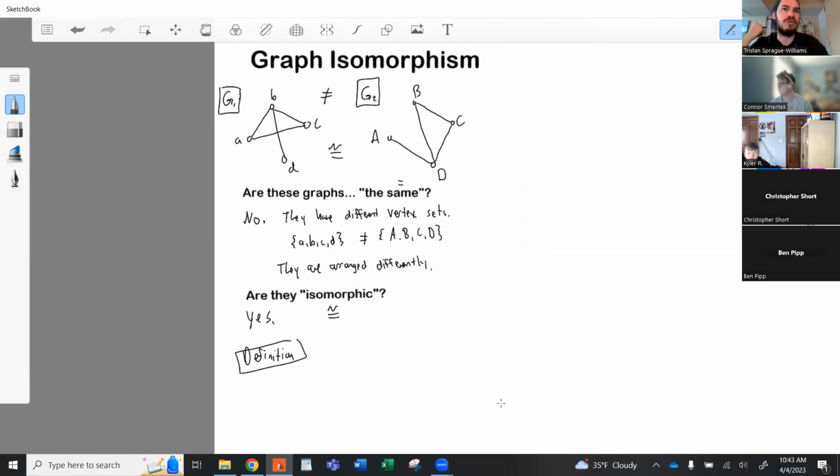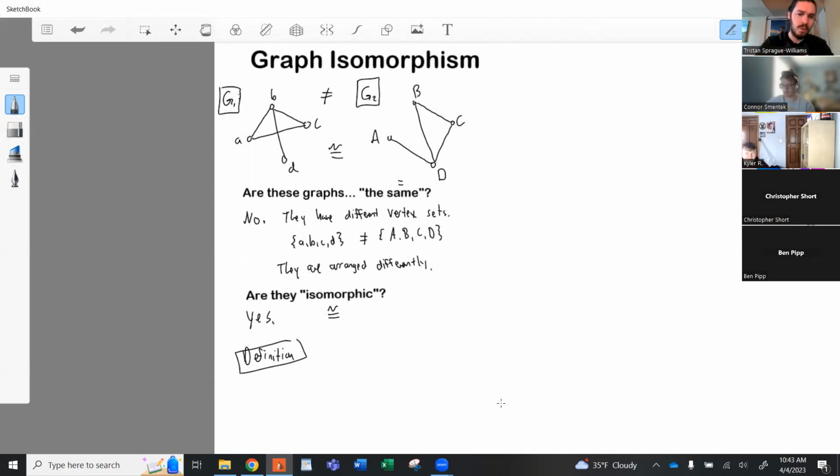And then maybe you could just relabel it. But some relabeling of the vertices would make it identical to the other one. So that is the concept of isomorphism. Two graphs are isomorphic if they basically have the same exact shape. Maybe they're arranged in a different configuration, but they are the same shape with the same structure. And as for labeling, it doesn't matter.